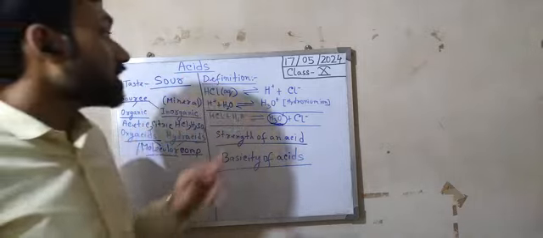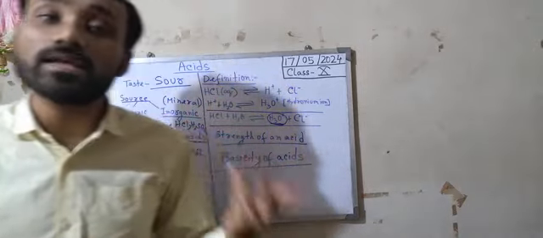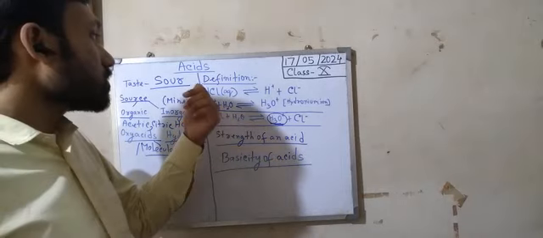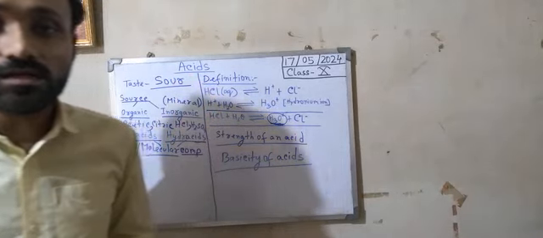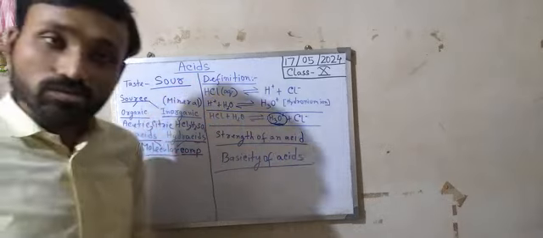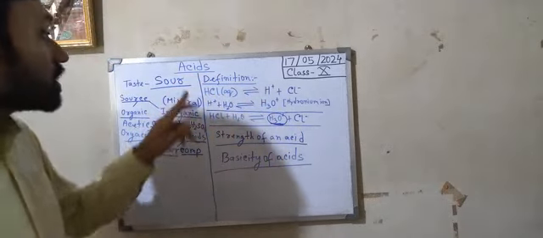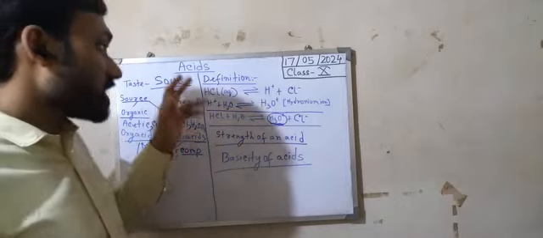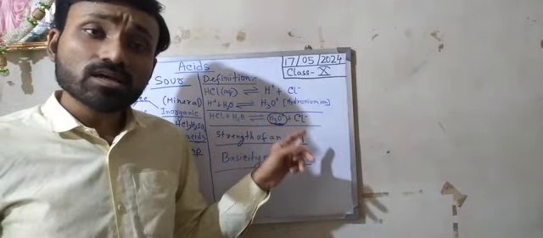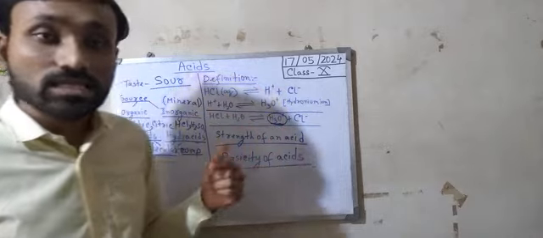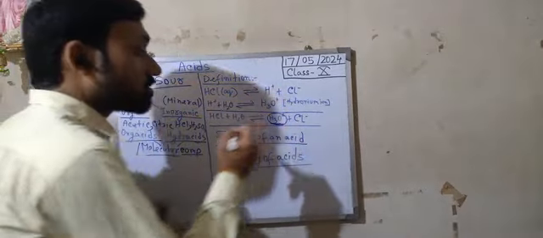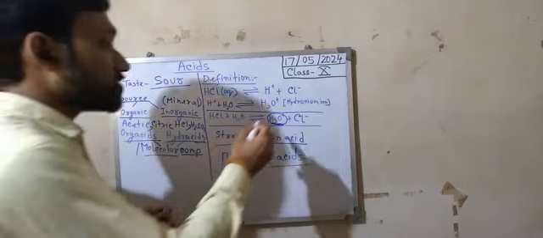Next, in chemistry, how will you define an acid? If I ask what you mean by an acid, or how will you define a compound as an acid? In chemistry, an acid is a compound which when dissolved in water yields hydronium ion. Hydronium ion means H3O plus.